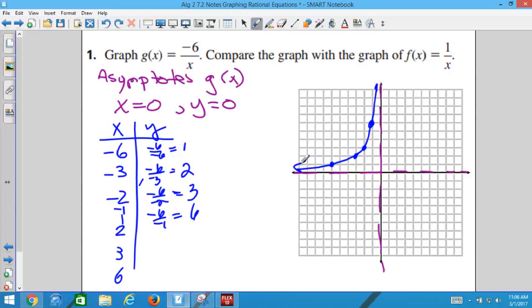Why is this branch in the second quadrant and not the first or the third quadrant? Because it's negative 6. So what does that negative do? It reflects it over the x-axis. That is a reflection in the x-axis, and then the 6 is a stretch.